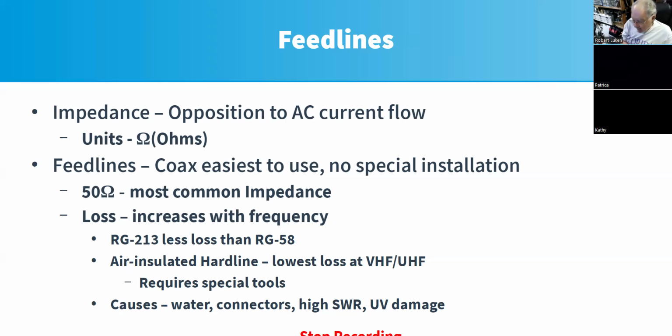So if it's coax that's going to be used outside, you need to make sure that you get UV rated coax. They also sell some that are rated for direct burial, where you can put it in the ground. And those have a much tougher outer coating to prevent water intrusion.